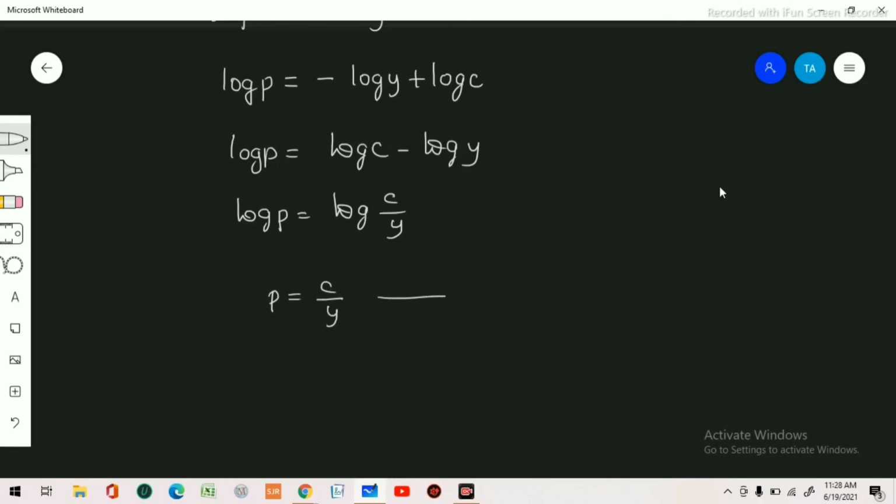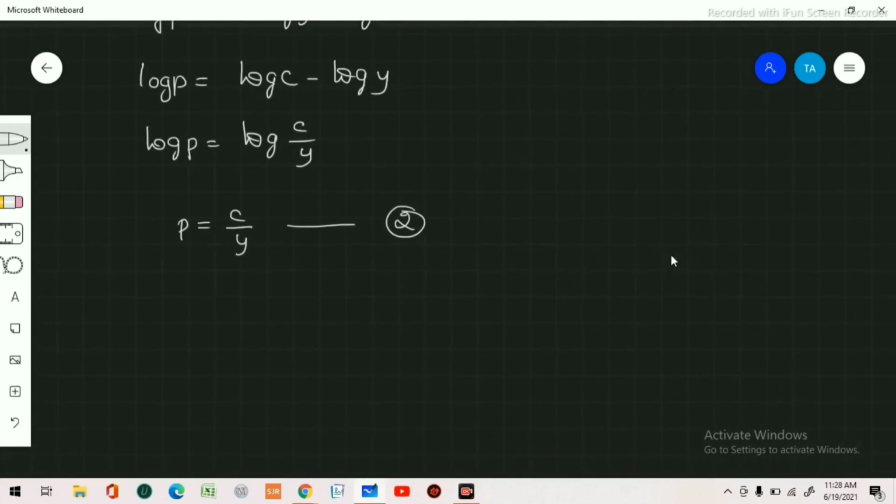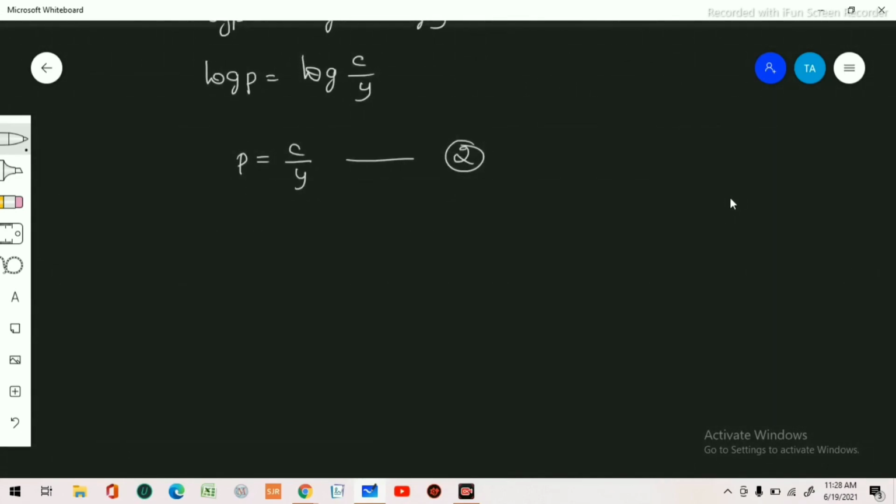Let's call that p value equation number 2, and the final step is to substitute the value of p, that is put 2 in 1. What was our 1? x is equal to y by 2p plus yp by 2.